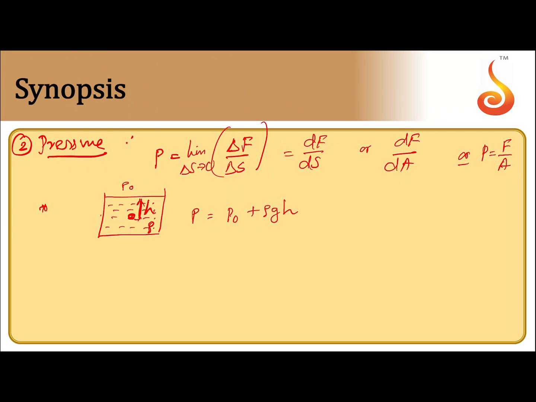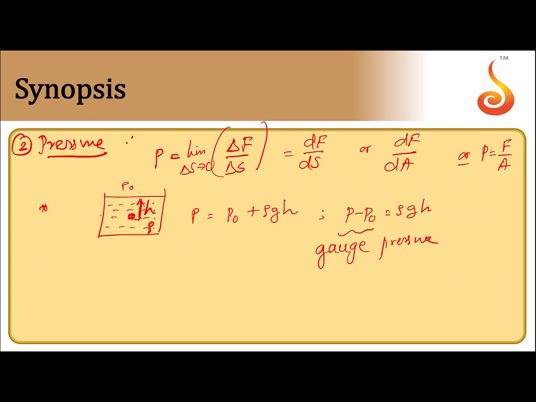P naught is the atmospheric pressure and P minus P naught, which is rho g h, is known as gauge pressure. Gauge pressure, the excess pressure over the atmosphere, is known as gauge pressure.